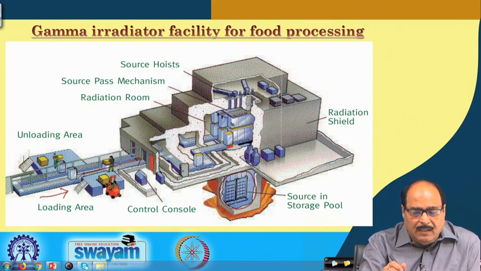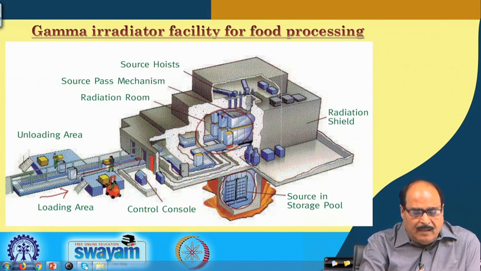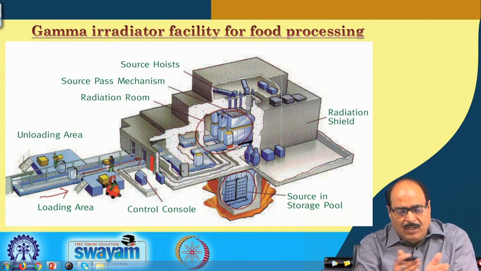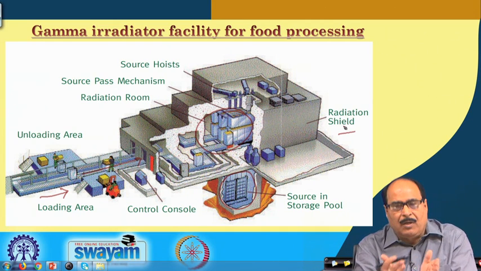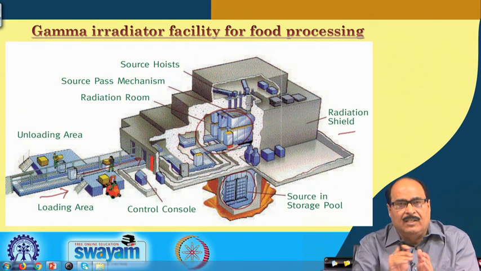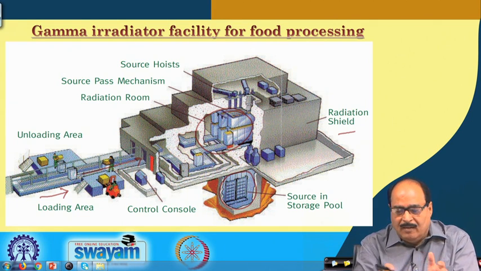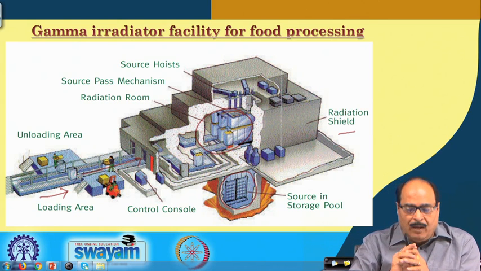Here is your irradiation chamber, and the material passes through radiation shields at different layers of concrete walls, taking a zigzag route, just to make sure that the radiation is not leaked to the environment.